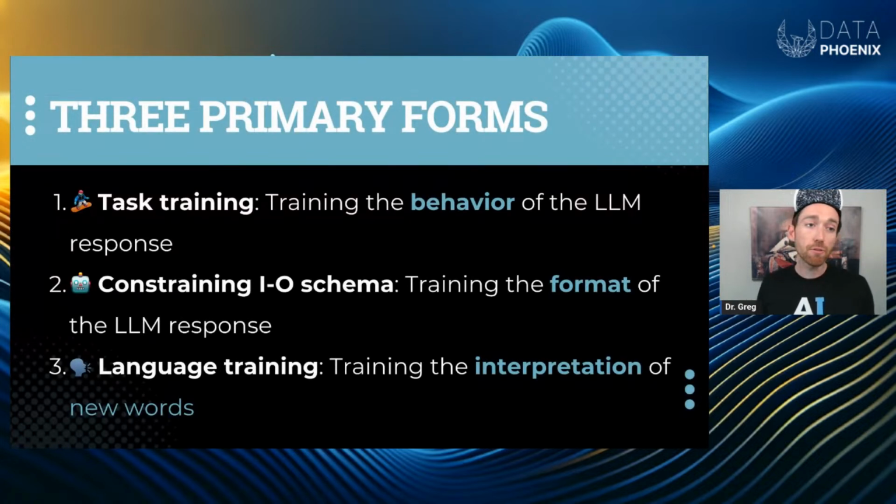One is we can train it for a particular task. Two is we can constrain the input-output schema. And three is that we can actually train it to interpret language in a different pattern than the language it was trained on. We can look at new words and connect them.